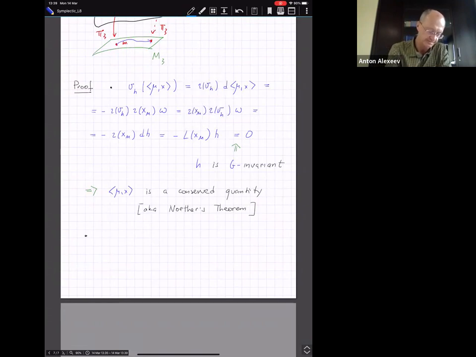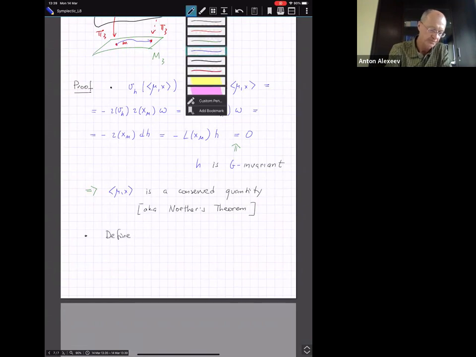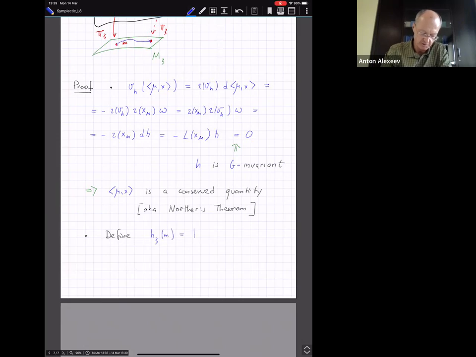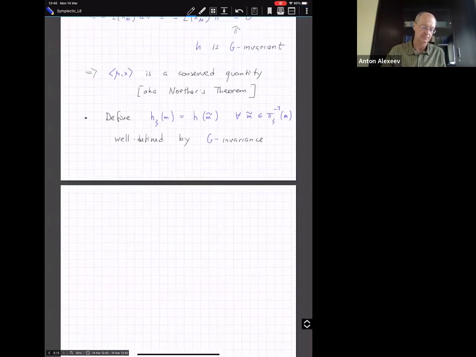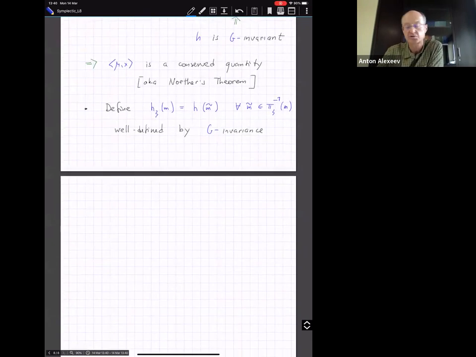We just define h psi of m equal to h of m tilde for any m tilde in the pre-image of m, and this is well defined, again by G-invariance. And now the last thing that we need to check is that the Hamiltonian vector field upstairs descends to the Hamiltonian vector field downstairs.